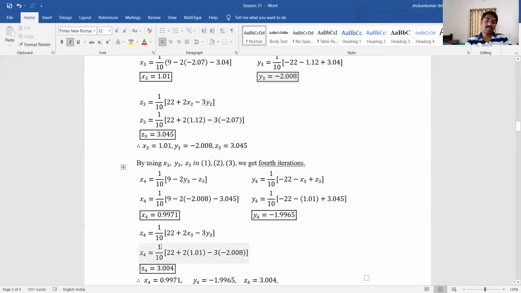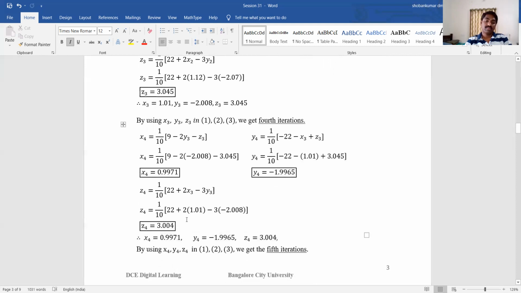And z4 = 1/10 (22 + 2x3 - 3y3). We know x3 and y3, substitute here, we get z4 = 3.004. Therefore, the fourth approximate values of x, y, z are x4 = 0.9971, y4 = -1.9965, and z4 = 3.004.